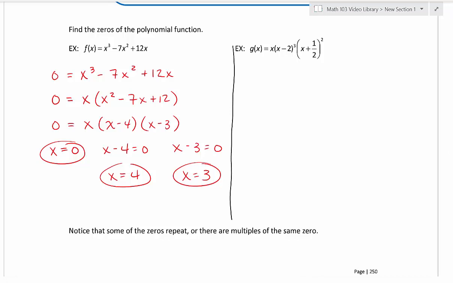g of x equals x times x minus 2 cubed times x plus 1/2 squared. Notice that this polynomial function is in factored form. I'm going to write it in expanded form. It's going to be x, and we're going to have 3 factors of x minus 2 and 2 factors of x plus 1/2.